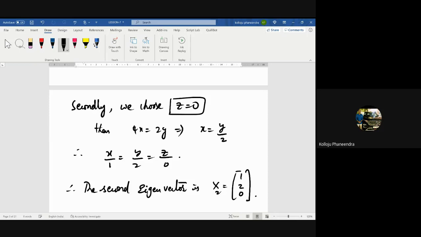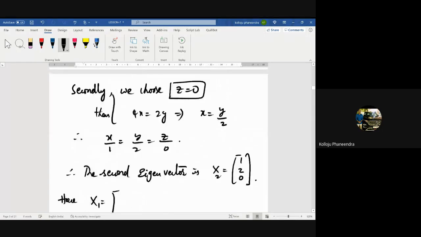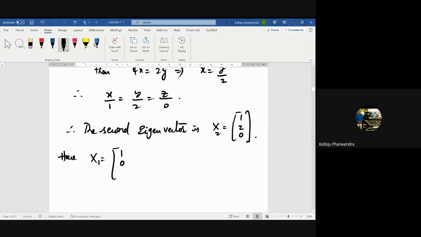Now tell me, what is x1 here? I am clearly writing here. x1 is the first eigenvector, 1, 0, minus 2. x2 equal to 1, 2, 0. Clearly tell me, do these two vectors depend on each other?